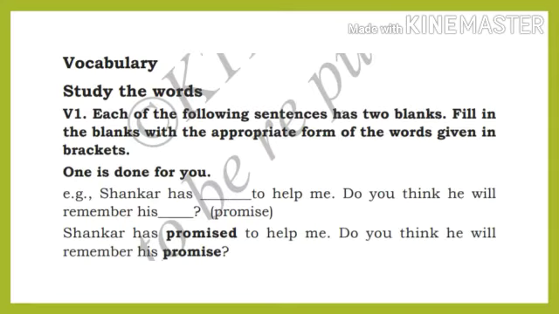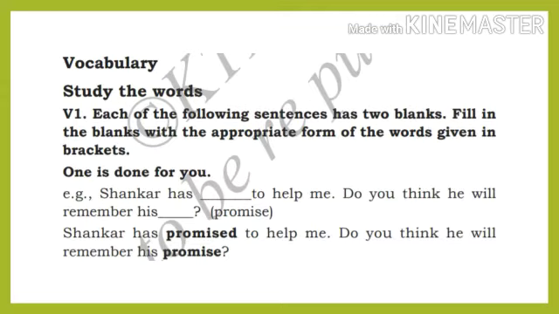In English, a word can be both noun and verb, and a word can also be both noun and adjective, or verb and adjective.